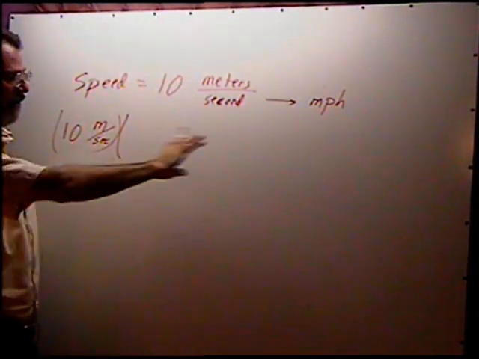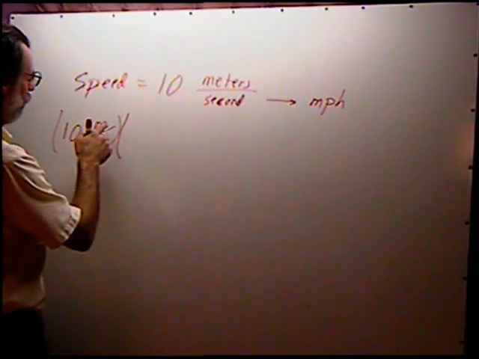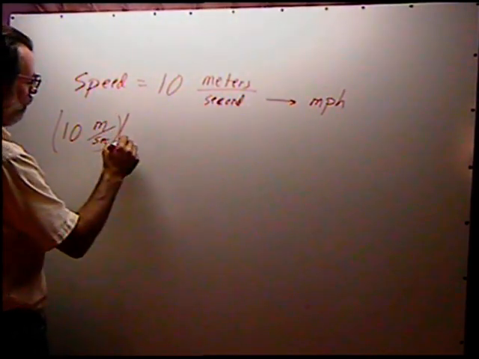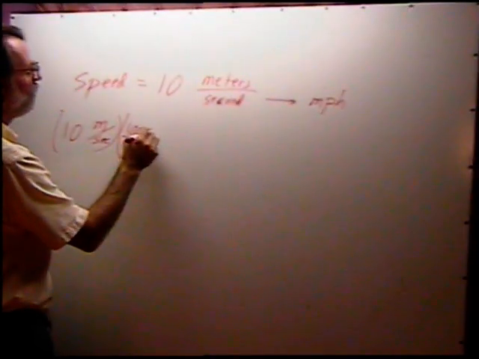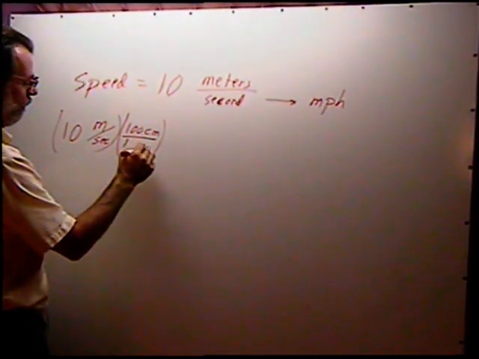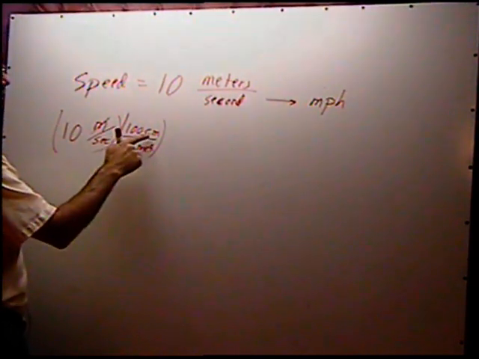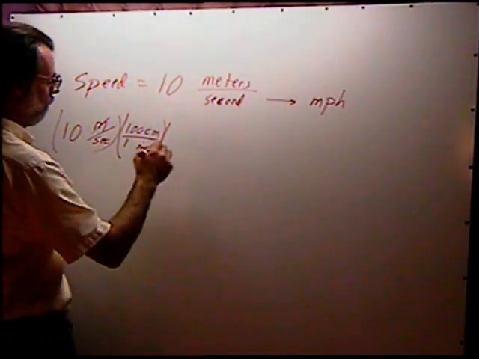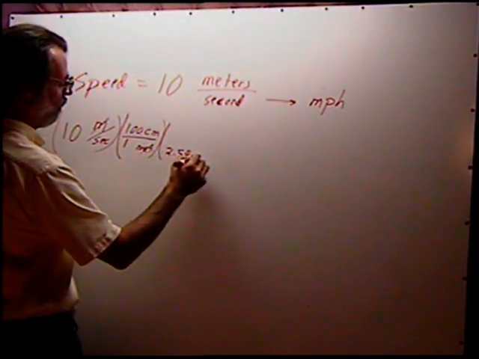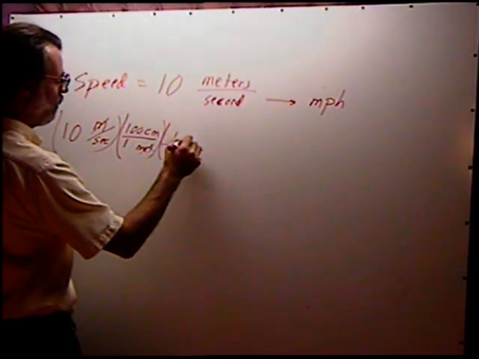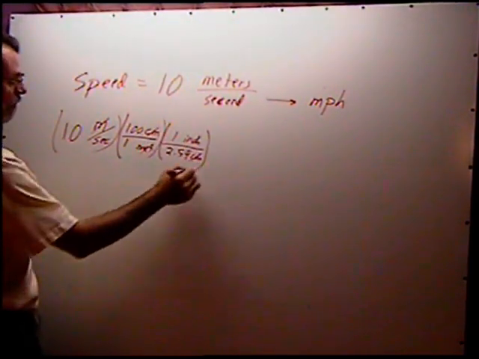It's going to look kind of long here, but it will definitely work. Meters, 1 meter is equal to 100 centimeters. The meters cancel out, giving me centimeters. 2.54 centimeters equals 1 inch. That's an exact conversion. The centimeters cancel out.